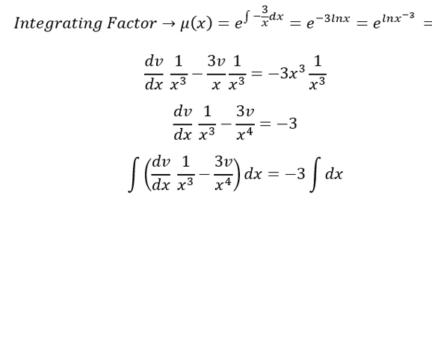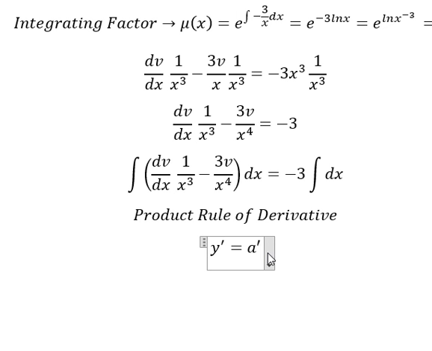So we can use the product rule of the derivative. So I will put the first derivative of y equals the first derivative of u multiplied by v plus the first derivative of v multiplied by u.